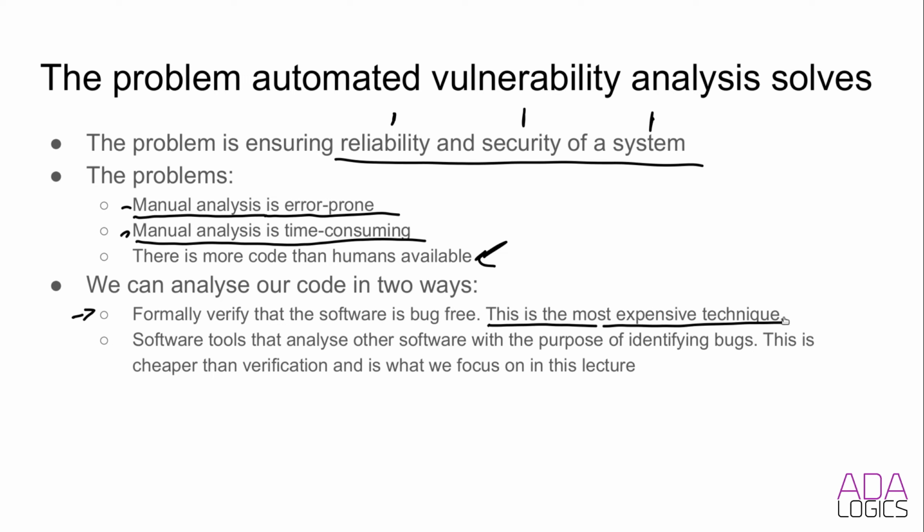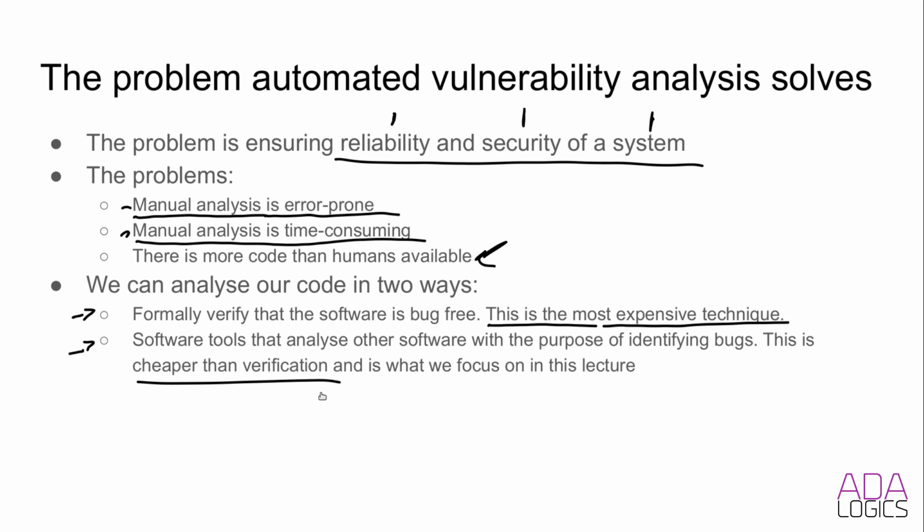So in practice, it's not really viable to analyze a piece of software such as Chromium in this way. The other approach is to develop tools that analyze the other software with the purpose of finding bugs.